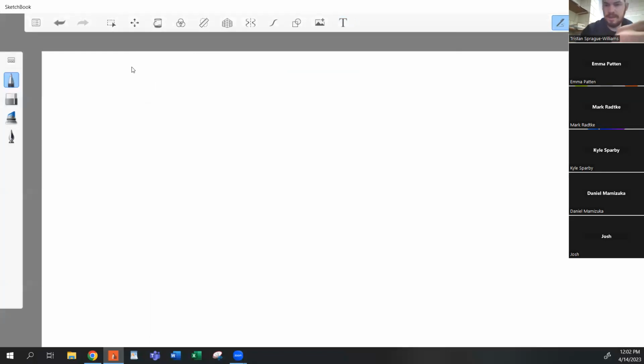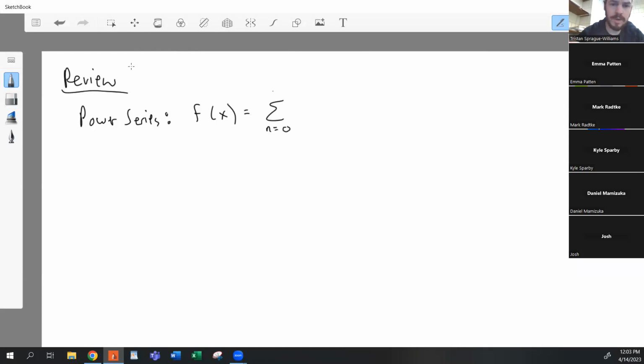So let's review. Where are we? We have this concept of a power series, which is a function defined as an infinite series starting at n equals 0 going to infinity with some coefficients represented by the sequence Cn multiplied by powers of x, but there could be a minus a inside that power function, which shifts, subtracting a from x can be thought of as a horizontal shift by a units.